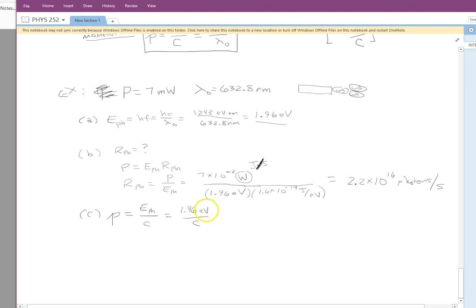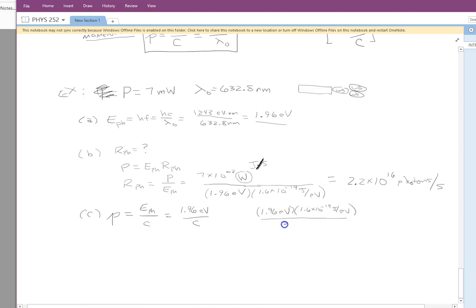Okay? But if somebody says, yes, but what is that with SI units? Okay, so one thing you could do is you could say, okay, I could take the 1.96 eV, right? And it's really just substitution of values and conversion. 1.96 eV times 1.6 times 10 to the minus 19 joules per eV. And then I'm supposed to divide by c.